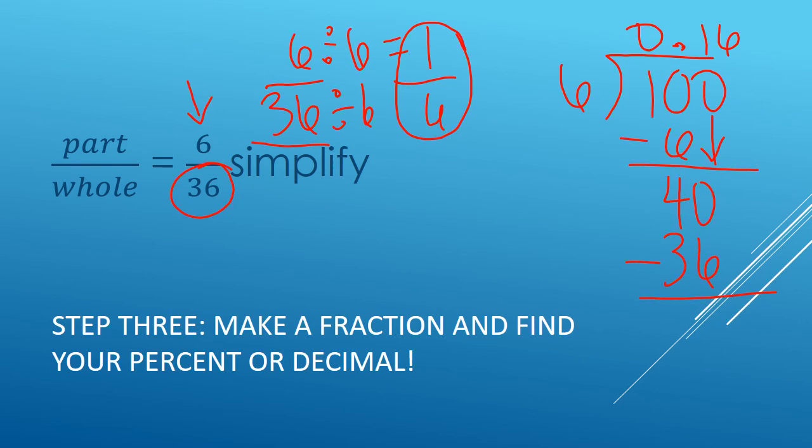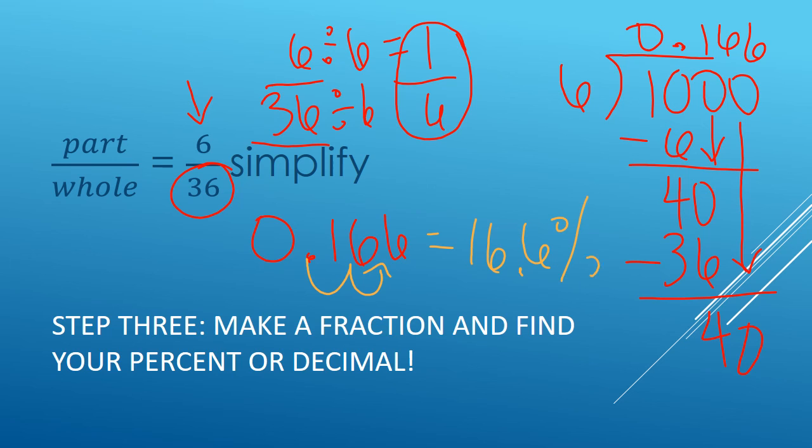I'm going to subtract that again. 40 minus 36 is 4. Drop down another 0. 6 goes into 40 6 times. So it looks like it's just going to keep repeating, so I'm going to stop there. So my decimal is 0.166. Now I just have to do my move. I'm going to move that decimal point 1, 2, which gives me 16.6%.